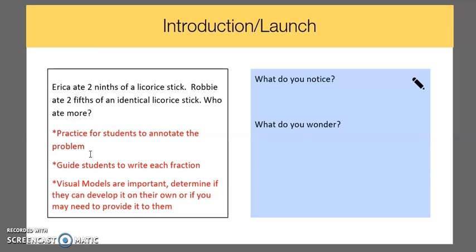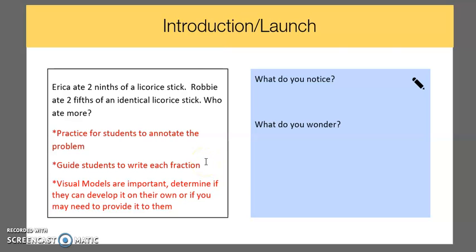The last piece, which is very important, is using visual models. Visual models are important because they determine if students can develop one on their own, or if you need to provide it for them. If students are having trouble drawing a licorice stick, they would want to draw a long figure and divide it into 5 pieces and 9 pieces.